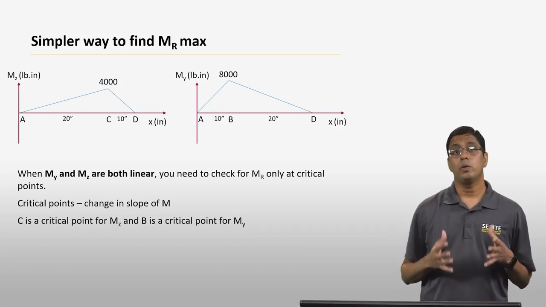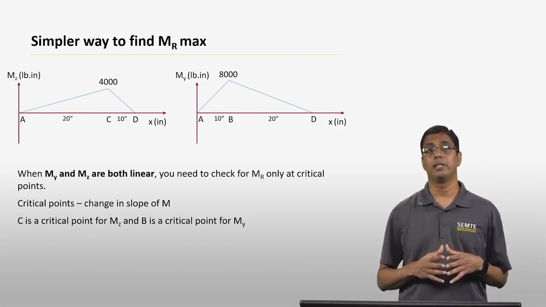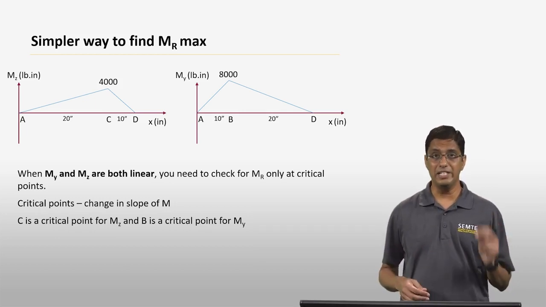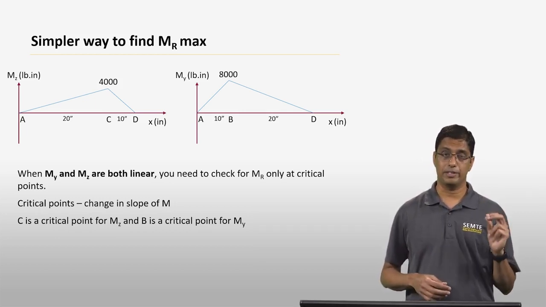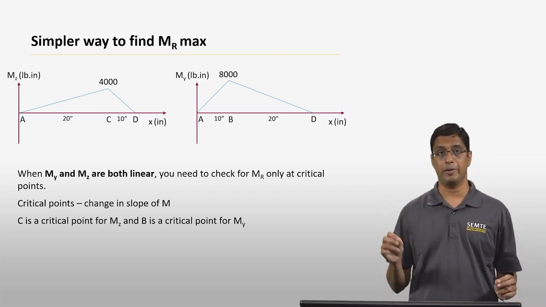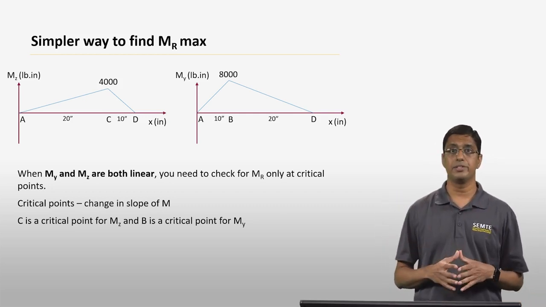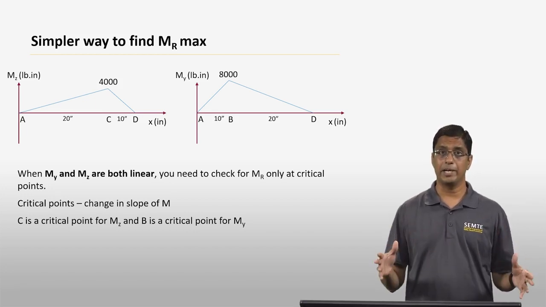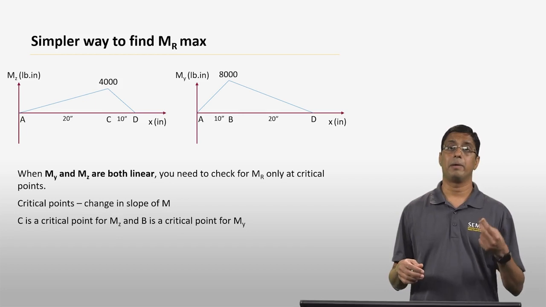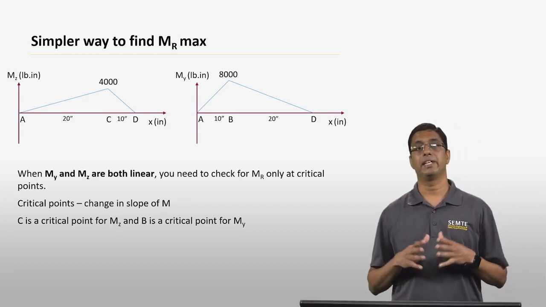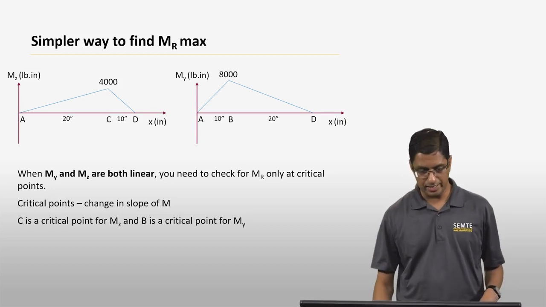Now, what you have to do to find out the maximum MR for the entire shaft is to look at each critical point. So you have to look for critical points of MZ as well as the critical points for MY. And at those locations, you find out what MR is, and you can pick out the maximum MR from among those locations, and that will already give you the maximum MR for the entire shaft. Okay, so let's try doing that.